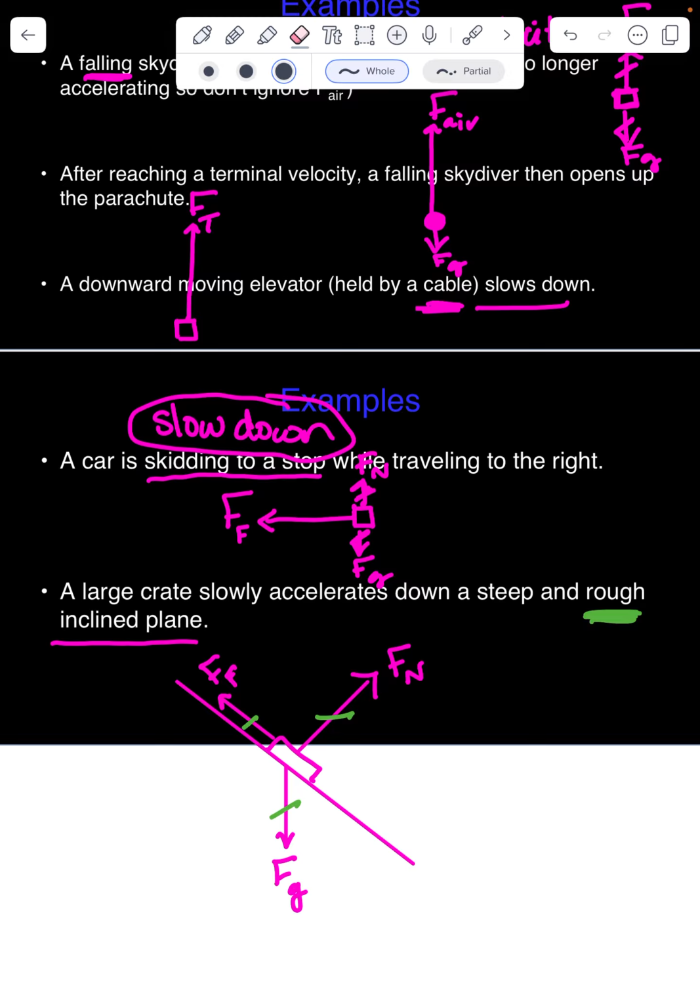These are not on the same plane. You can only do that if they are both vertical or both horizontal. So none of these are going to be equal to each other.